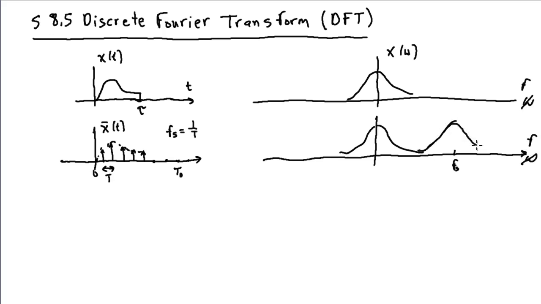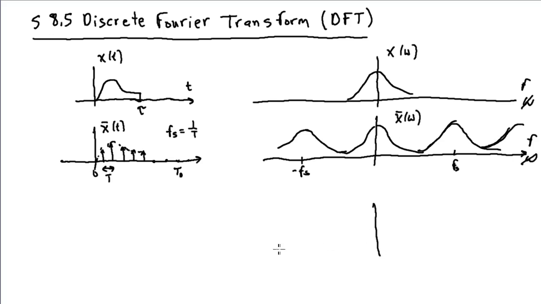And it's the sum of all these replicas. So I get another replica here at 2Fs. Okay, and these are all going to sum together. Another one at minus Fs, minus 2Fs. So this is the corresponding spectrum of x bar of omega.